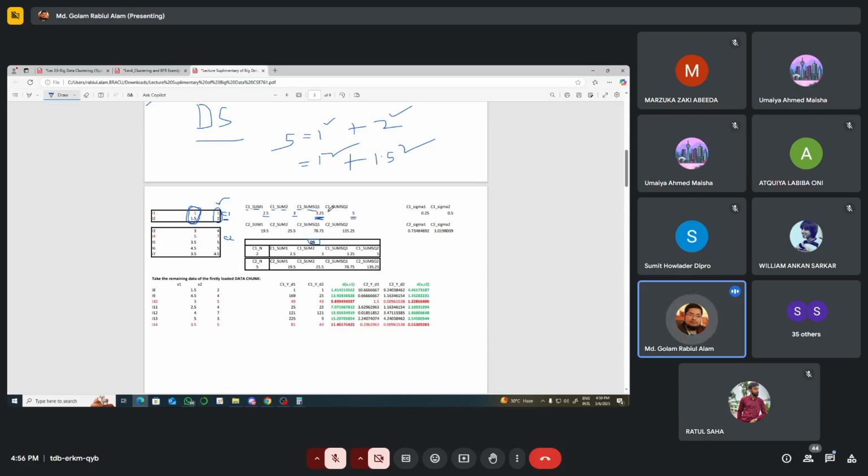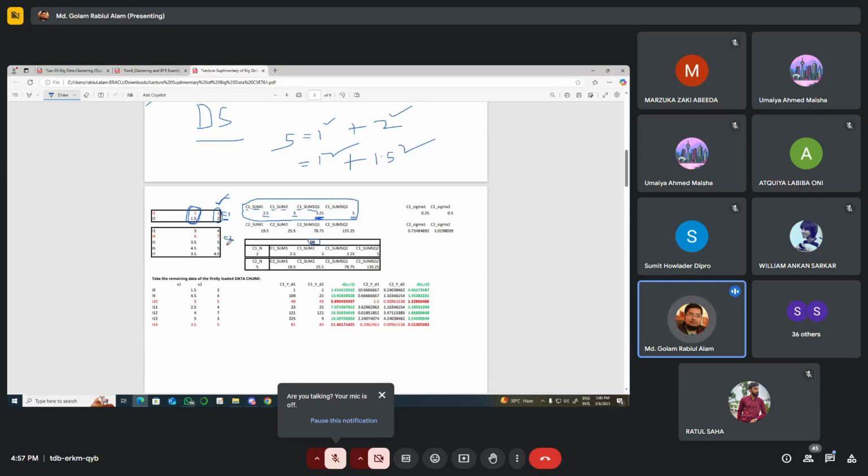Okay, so this is the sum of squared elements of dimension 2. Those are the statistics we need to store from C1.